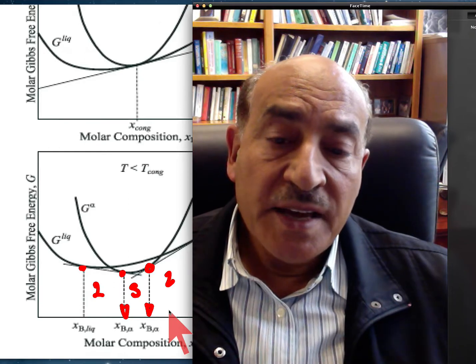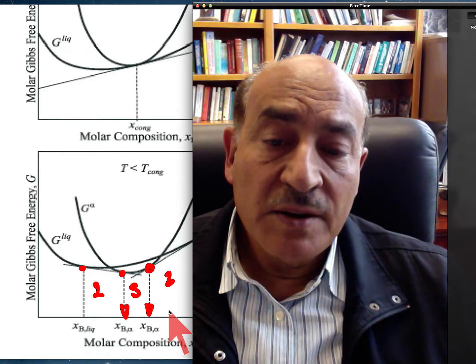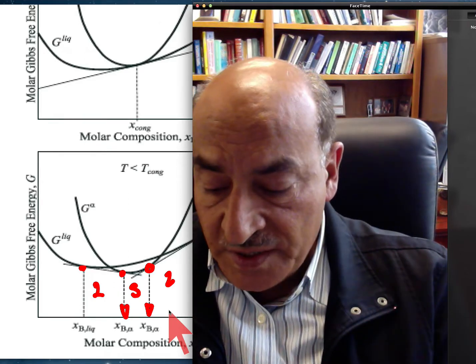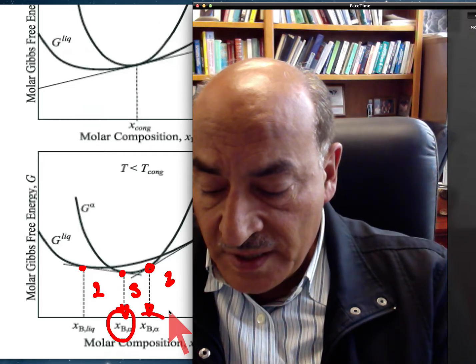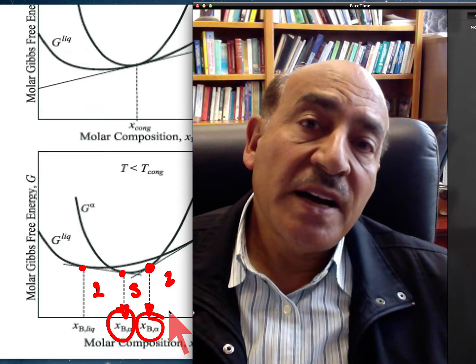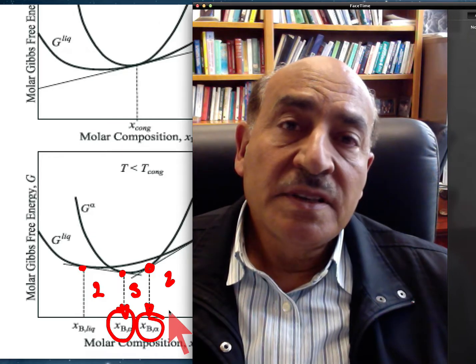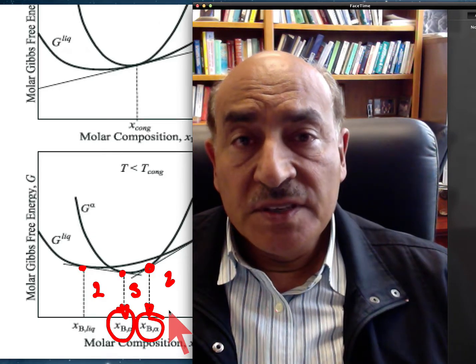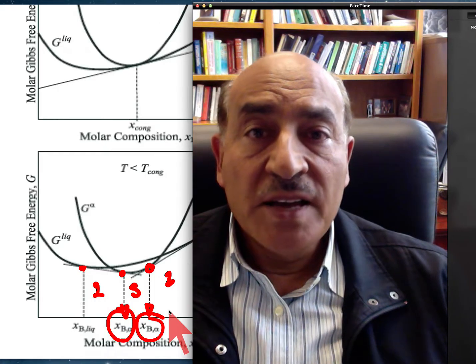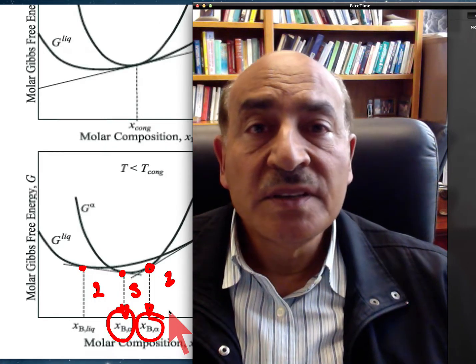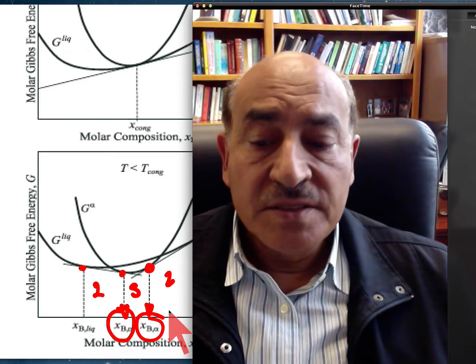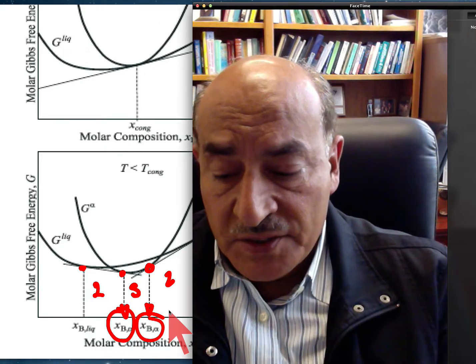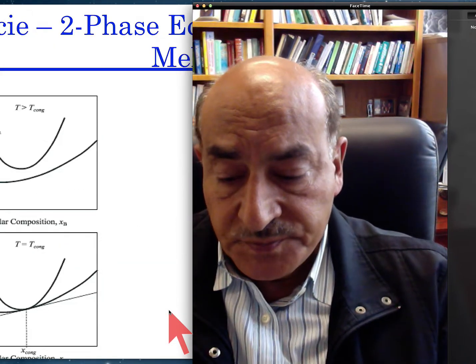And in this case, it depends on the composition. If the composition falls between the XB alpha on the left and XB alpha on the right, then I have a single alpha phase. If it falls in the other two regimes, then I will have a mixture of liquid and the alpha phase. So this is the idea of congruent melting that we describe here.